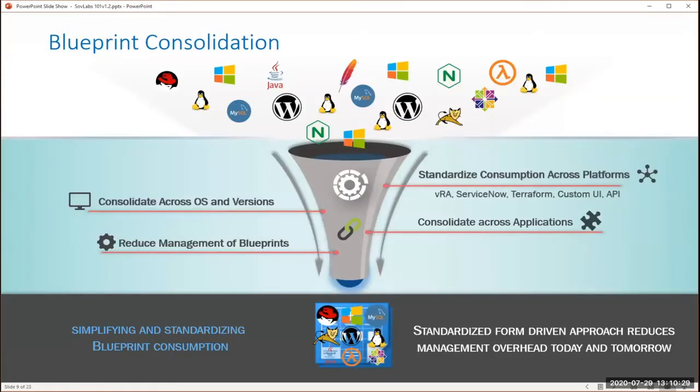So what this allows us to do, and this is kind of distilled up, blueprint is sort of a concept, although in vRA we call them blueprints, but some of the other products call them different things. In the end, this allows you to really consolidate and standardize, not just across a single platform, but across multiples. Because if I was consuming a certain type of resource from the vRA catalog, maybe it's a blueprint, and I can go in and say, I want a MySQL server, right?